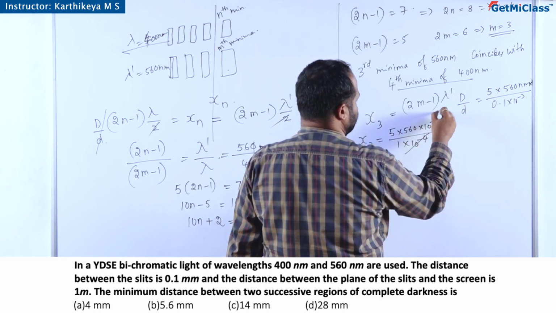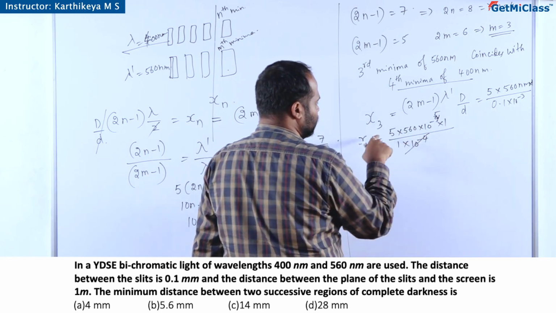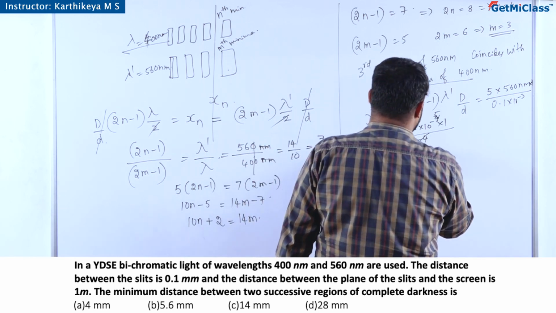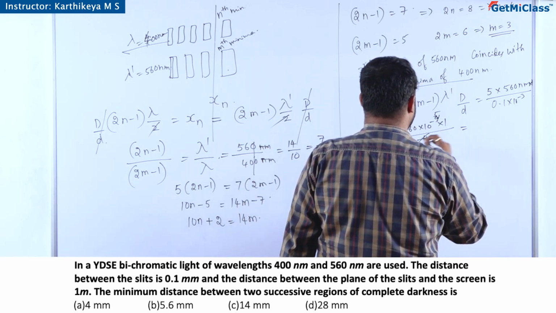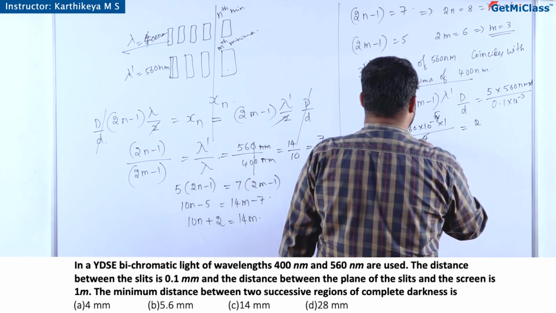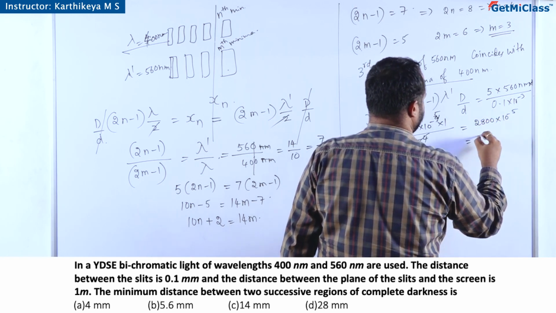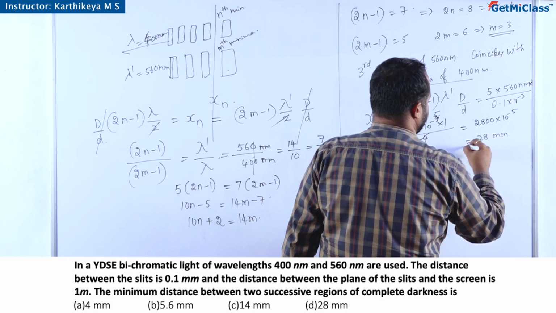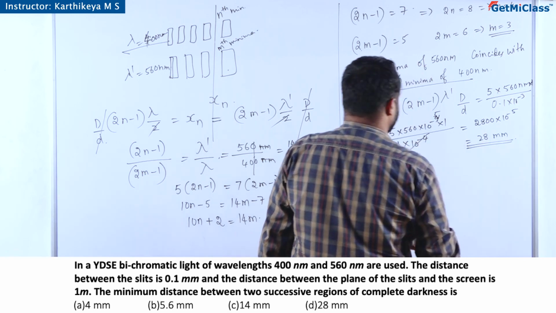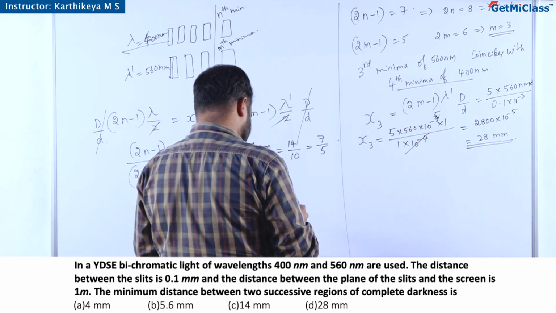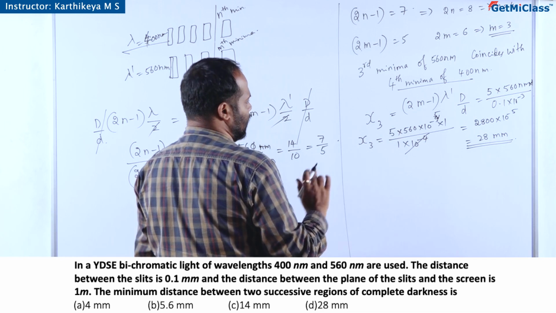This cancels with 10 to the power minus 5. So 560 will become 2800 into 10 to the power minus 5, 28 millimeter is the location. 28 millimeter is the required location.